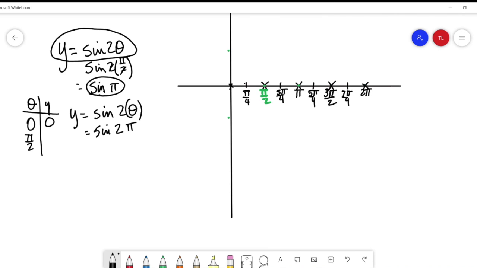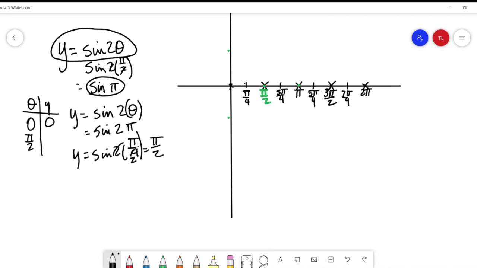So what is the sine of pi over 4? Well, that's the sine at pi over 2, right? No, that's not it. What's the sine at pi over 2? 1.